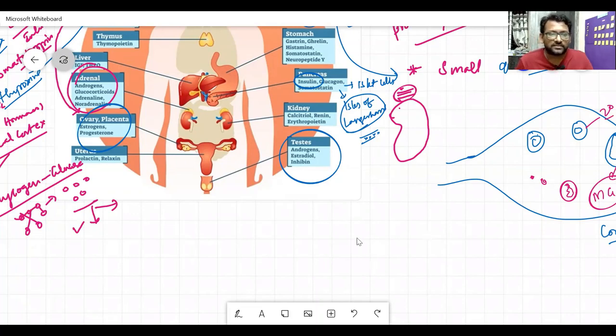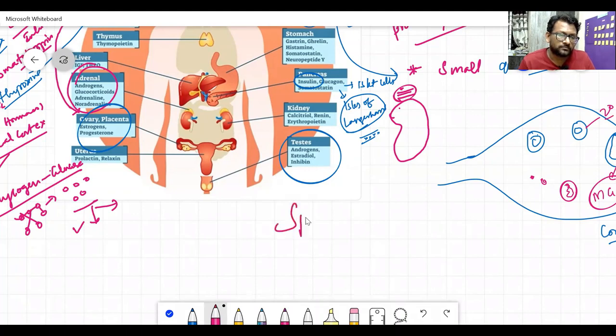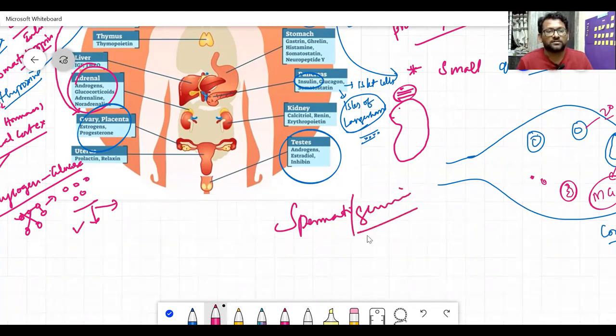So androgens like testosterone, secreted by testes, support spermatogenesis. What is this? Spermatogenesis. Genesis meaning formation, newly formation, right? So sperm formation is taken care of by that, and it is regulated by LH, luteinizing hormone.